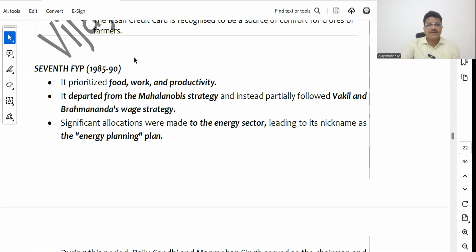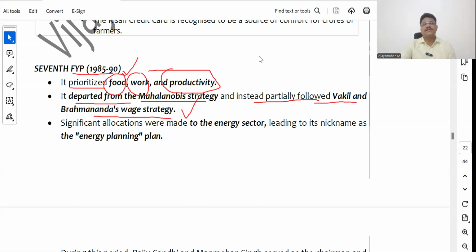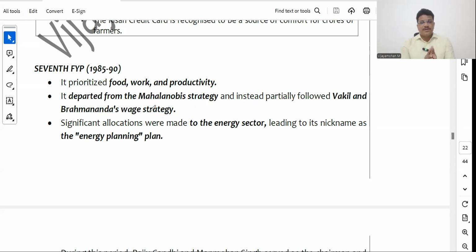Next, the 7th 5-year plan, from 1985 to 1990, prioritized food, work, and productivity, right? It departed from the Mahalanobis strategy and instead partially followed Vakil and Brahmanandam's wage strategy. So what is the Mahalanobis strategy, and what is the difference between the Mahalanobis strategy and Vakil and Brahmanandam's wage strategy?